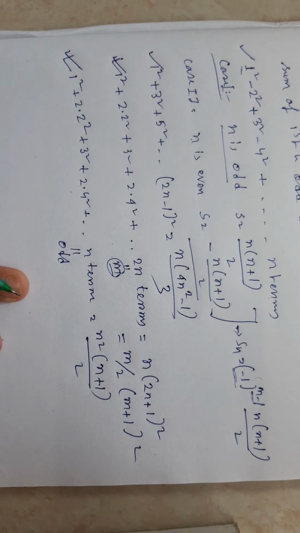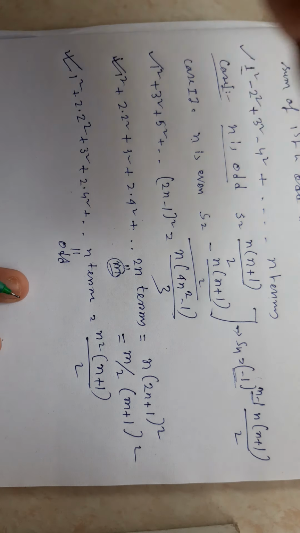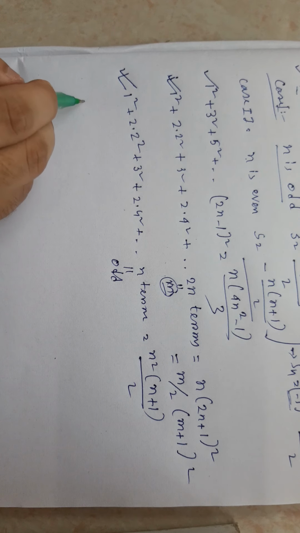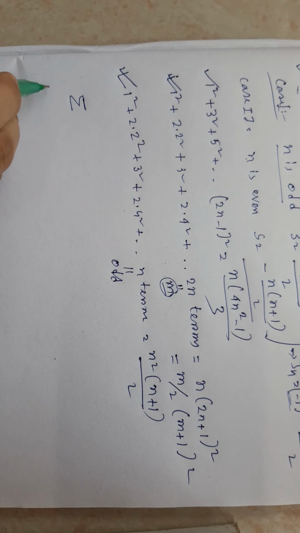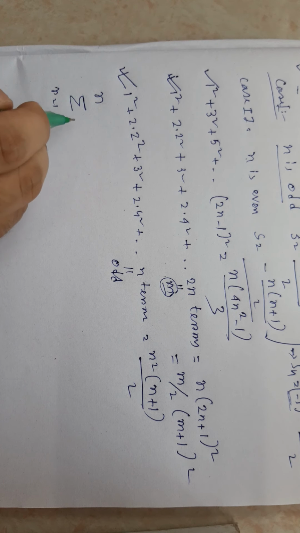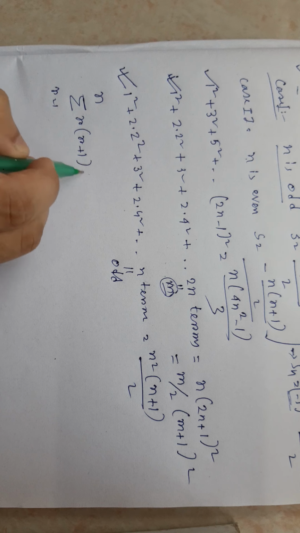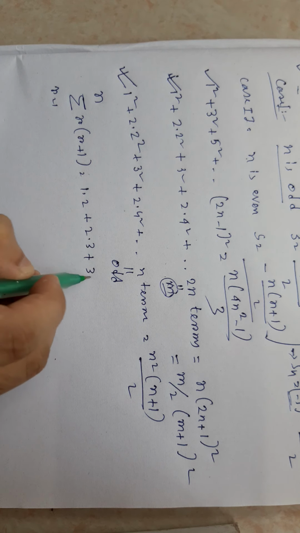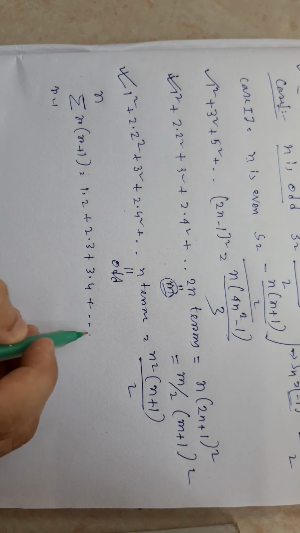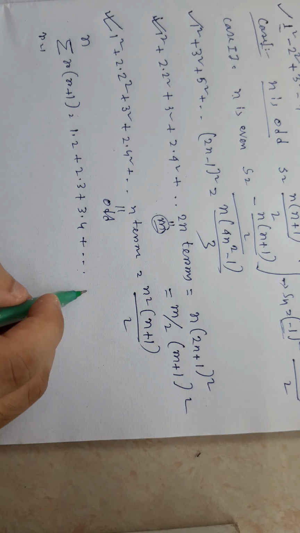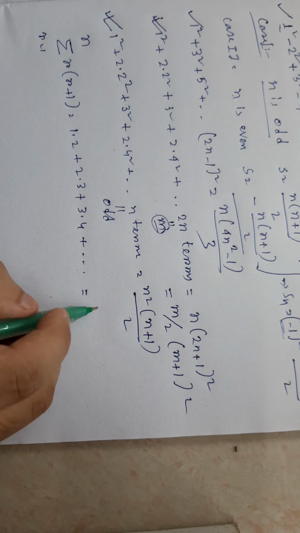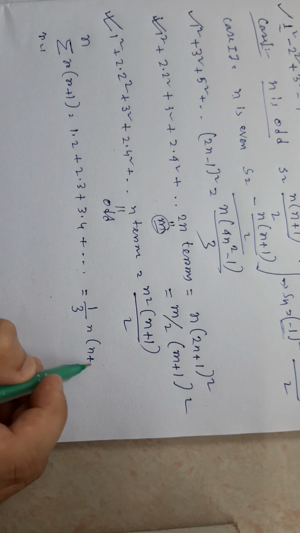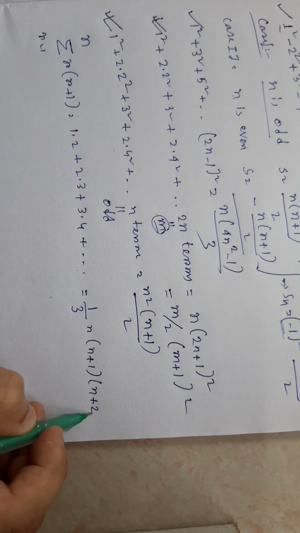One important application of these properties: if you find the sum of r into (r plus 1) for r equals 1 to n, which is nothing but 1 into 2 plus 2 into 3 plus 3 into 4 and so on, it will clearly give you the direct result 1 by 3 into n into (n plus 1) into (n plus 2).